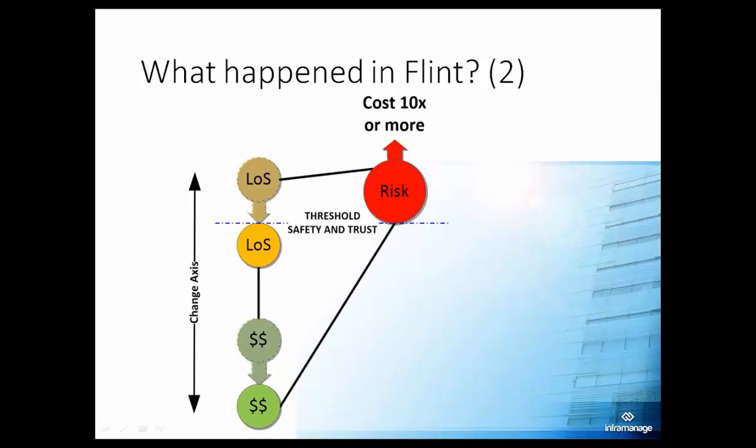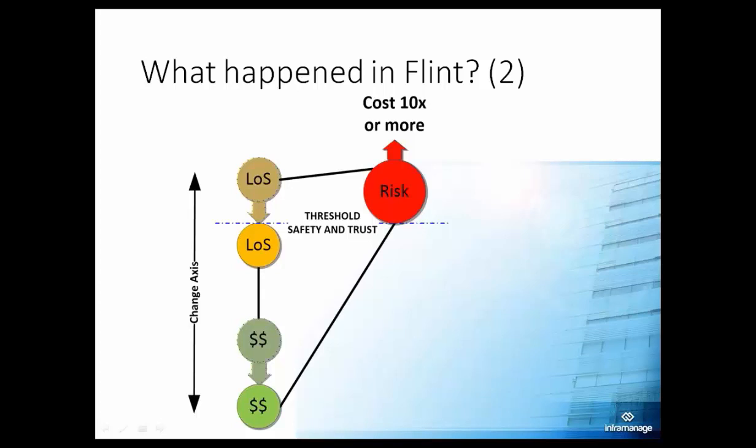And that can happen in any supply. I mean, they've had a particularly bad problem there. So the levels of service are down below the safety and trust threshold. The dollars appear to be down, but in fact they aren't. The risk becomes apparent, the problem's there, lots of dollars, lots of inquiries and things like that.